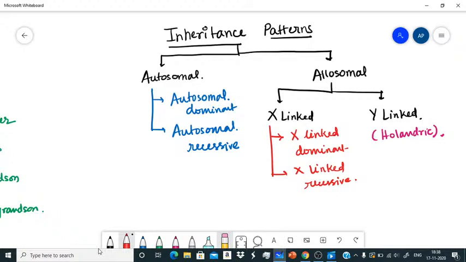Are we clear with this? These are the inheritance patterns. Okay, take some time and assimilate this much of concepts.